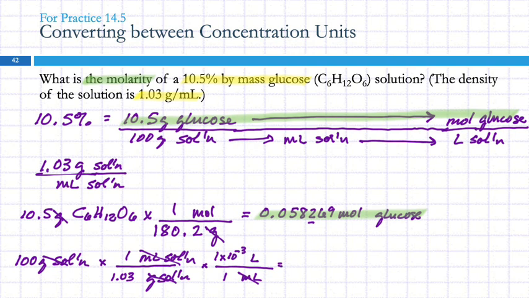So 100 divided by 1.03 times 10 to the negative 3. This is 0.09709 liters. Wait a minute.